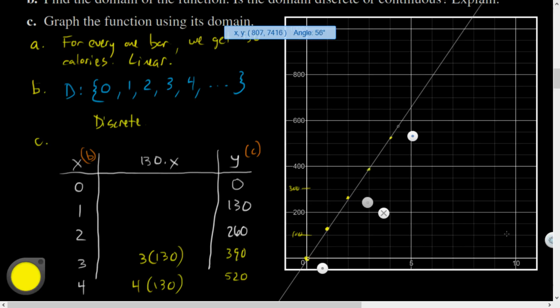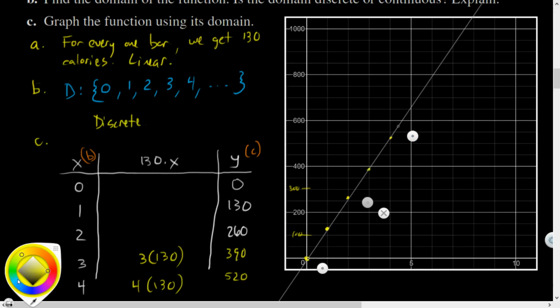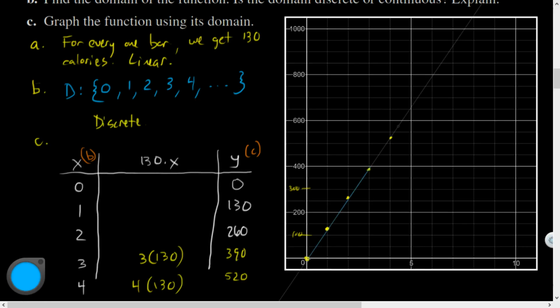Now, the points in between didn't count, so I'm just lightly drawing this line here. They weren't allowing us to eat half a cereal bar, but I just want to point out that I could then predict, okay, it looks like I'd have somewhere around 660 if I eat 5, and somewhere around almost 800 if I eat 6.